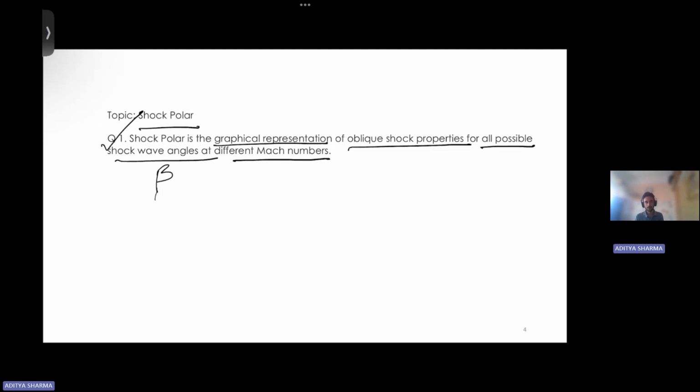So in this case, it's a graph representation, right? It's a true or false type of question, so we would give it a false because theta is directly linked to the shock polar, right?